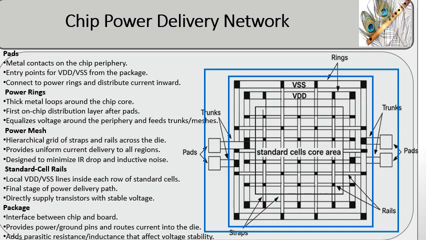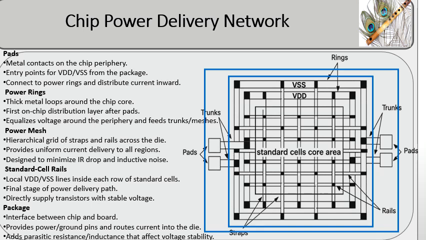The power delivery network, or PDN, distributes electrical power from the package to every active circuit on the chip. Power first enters through the pads, which receive the external VDD and VSS supplies from the package. It is then spread uniformly around the chip by the power rings, before being carried inward through the power mesh of trunks and straps.